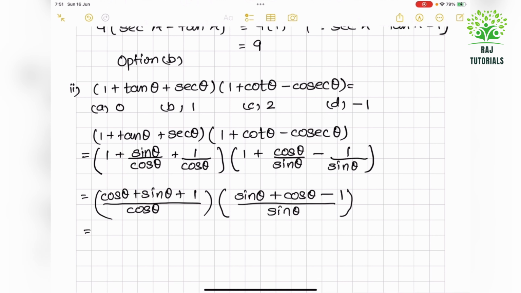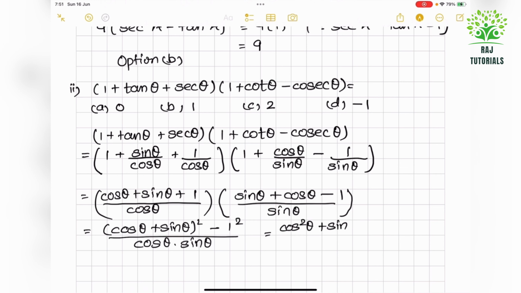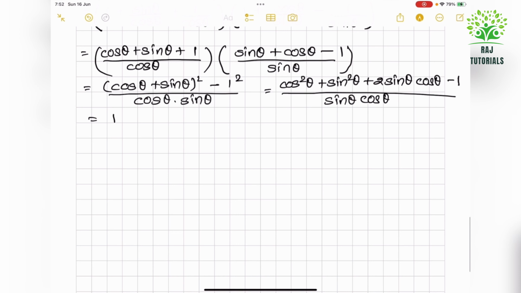Now I am taking cos theta plus sine theta as A and 1 as B. So it will be A plus B and A minus B. So A square minus B square upon A into B. So I got cos square theta plus sine square theta plus 2 sine theta cos theta minus 1 upon sine theta cos theta.